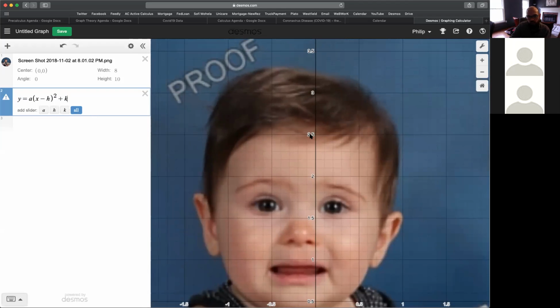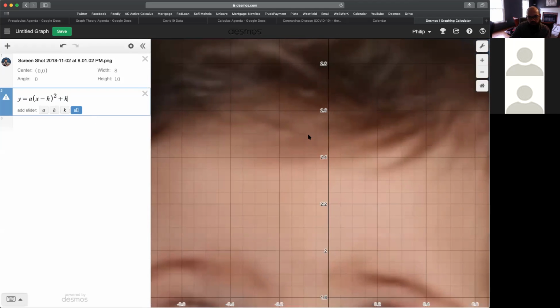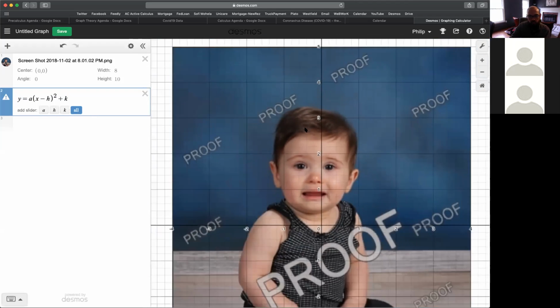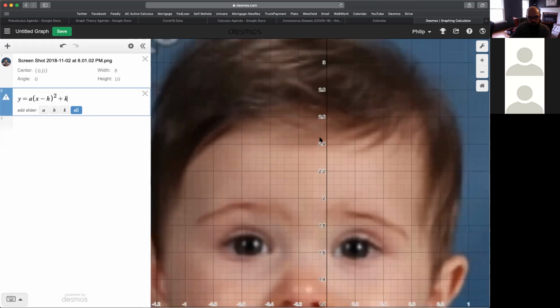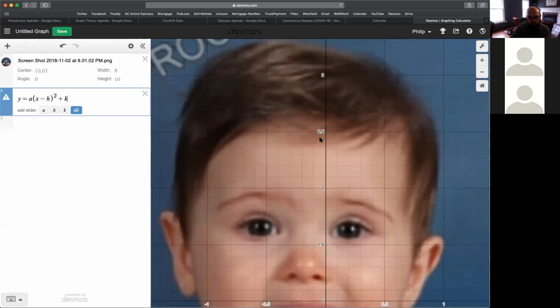So I would want to find what the vertex of that parabola would be. I'm imagining a parabola that goes in right here, and the vertex would be somewhere right around this point. So I would want to figure out what that point is.